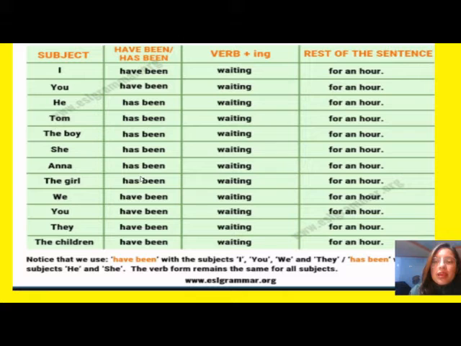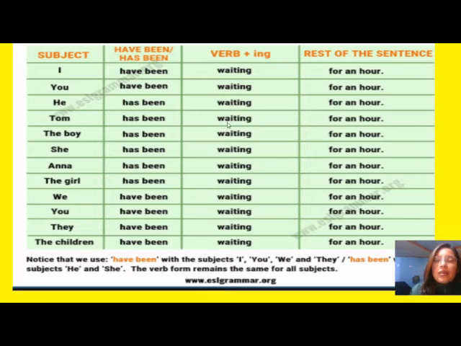Remember, you have to use the auxiliary has or have and the verb be in past participle, been, okay? And then the next verb you have to write with ing. El siguiente verbo vamos a escribirlo con ing. In this case, wait. With ing, waiting. Okay, the same.